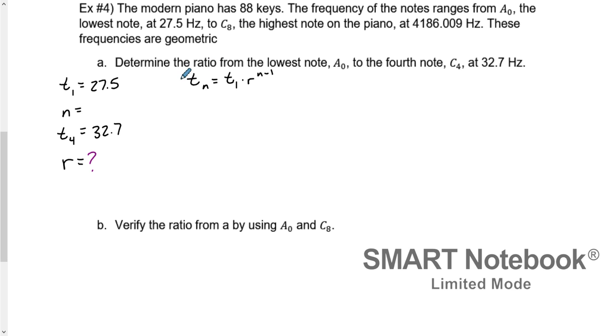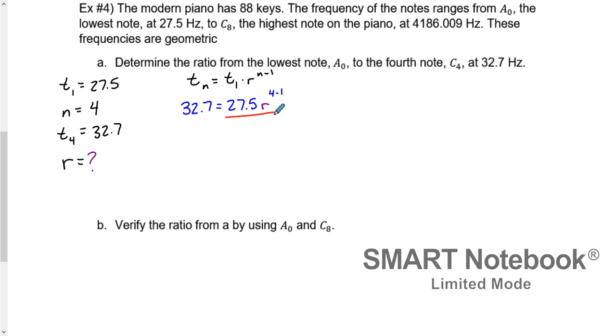The beautiful thing is, if we are looking at Tn, our fourth term has a frequency of 32.7. Term 1 is 27.5. Trying to find out our ratio, well, 32.7 is term 4. So we can use 4 minus 1 in here.